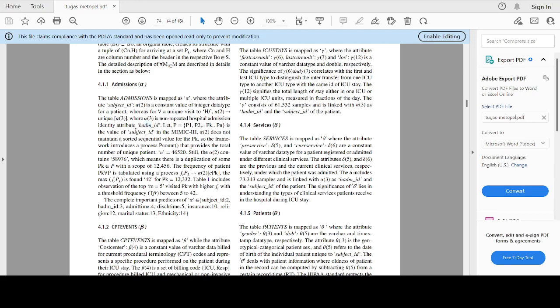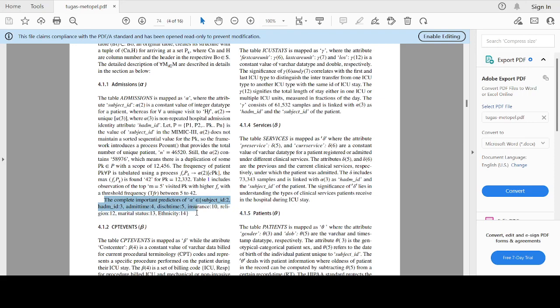This is the primary key of hospital admission, and subject ID of patients that extracted from the table admission, I think. Okay, so this describes the condition, and describes the important predictors of A.